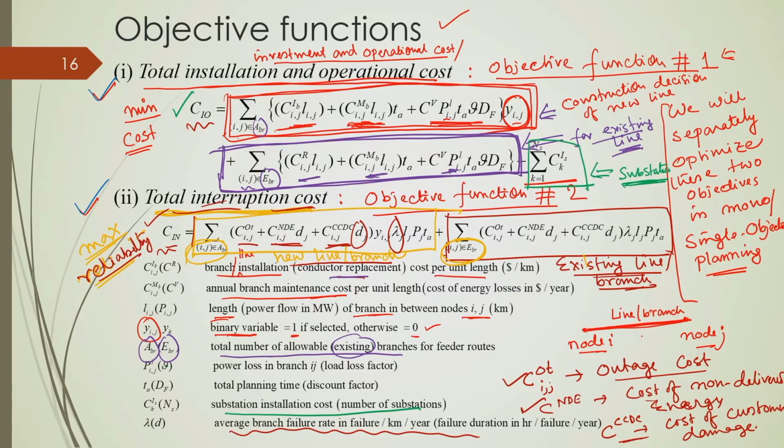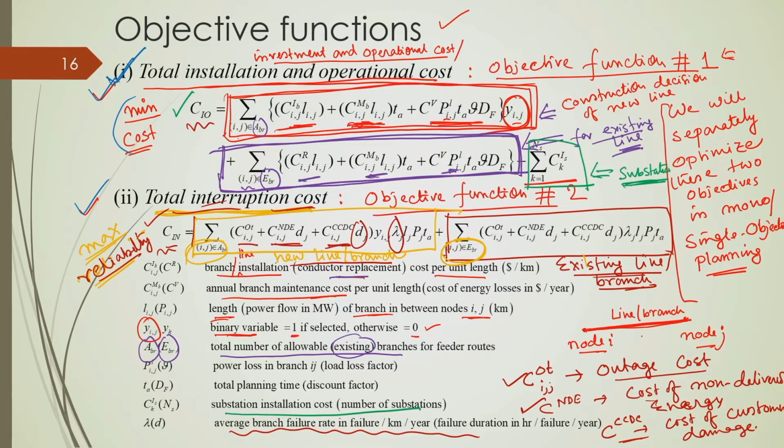That means I have presented two different planning problems, two different planning models. In one model, that is problem 1, my objective function is the total of installation and operational cost, or total investment and operational cost, or simply total cost, which is the sum total of all the cost components involved in a typical distribution network planning or design. Of course, this objective we will minimize; this is a minimization problem.